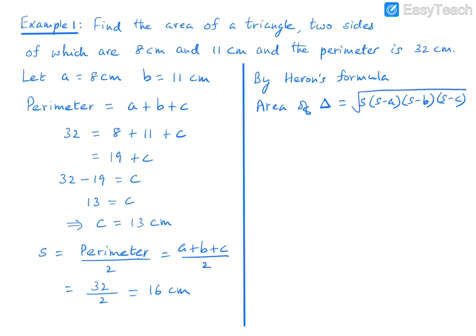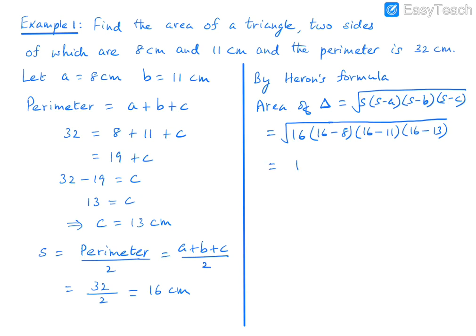Okay, so S we have obtained as 16, and 16 minus A is 16 minus 8, into 16 minus B, B is 11, and S minus C is 16 minus the value of C we have obtained as 13, and this whole thing is under the root. Okay, so we just have to compute this value, and that will give us the area of the triangle.